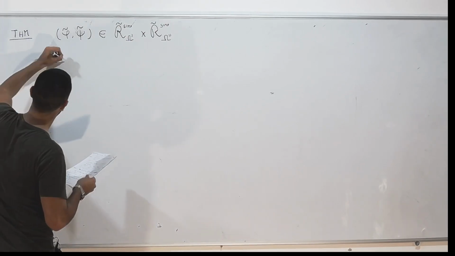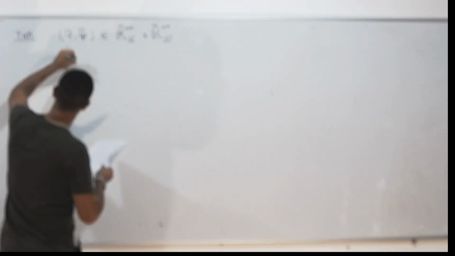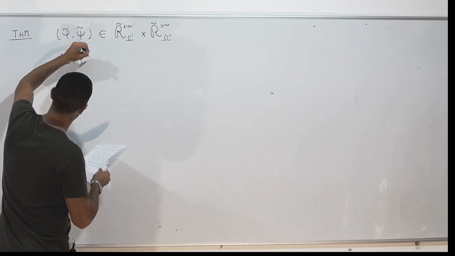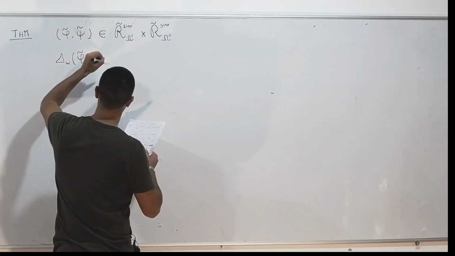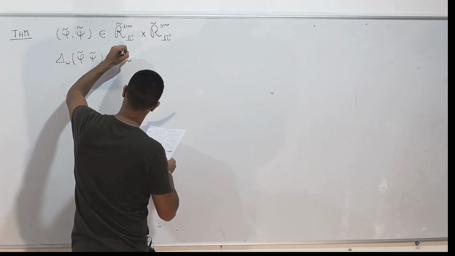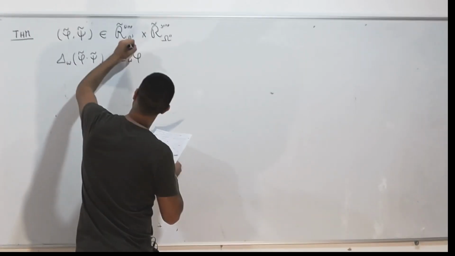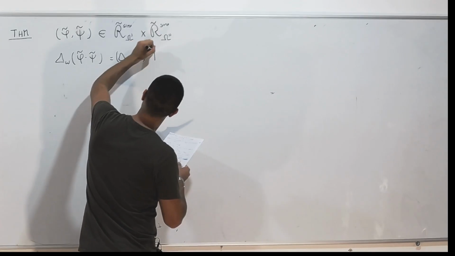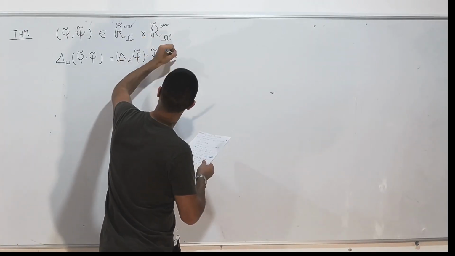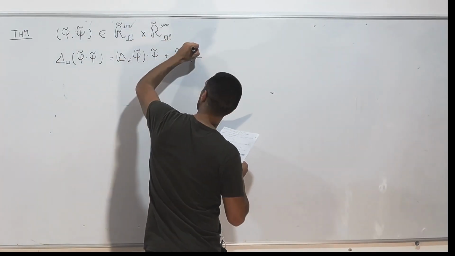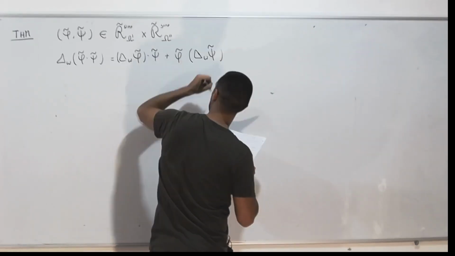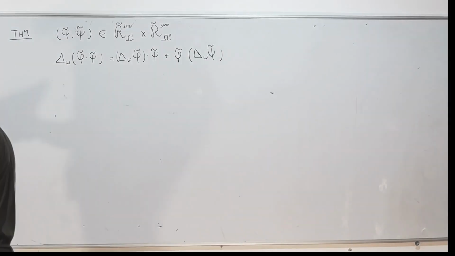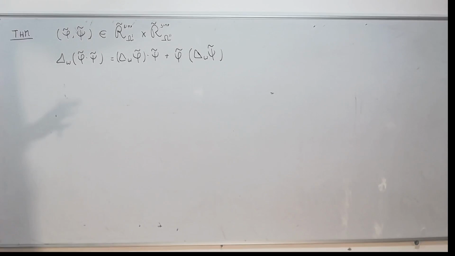Then the alien derivative of the product of the two formal power series is the alien derivative of the first times the second plus the first times the alien derivative of the second. So this is the standard Leibniz rule. This is why this is a derivative.